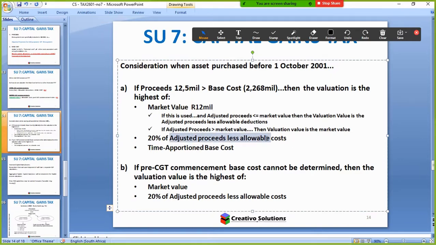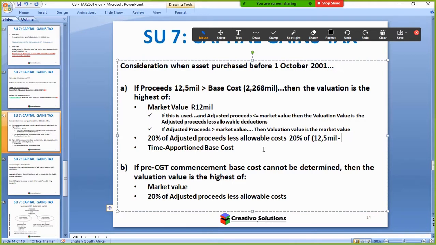What is the 20% of the adjusted proceeds less allowable costs? So the adjusted proceeds we worked out as 12.5 million, right? It was 12.5 because there was no recoupment. Yes. Okay, minus allowable costs. What were our allowable costs? It's not zero.